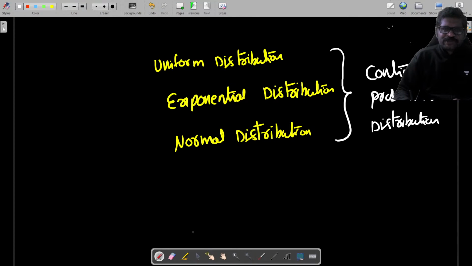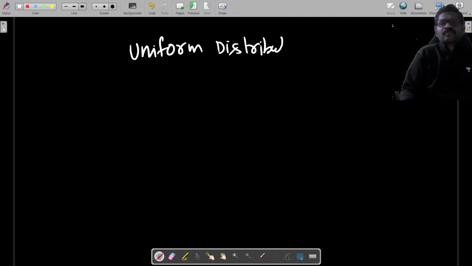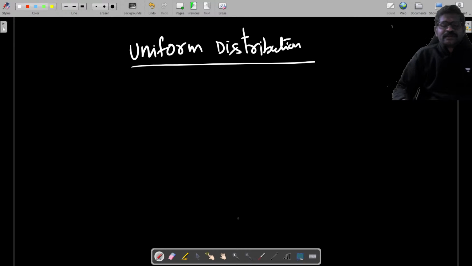In continuous probability distribution, first one, uniform distribution. Why is it continuous? Because the random variable x takes values in an interval. Any random variable that takes values in an interval is a continuous random variable.